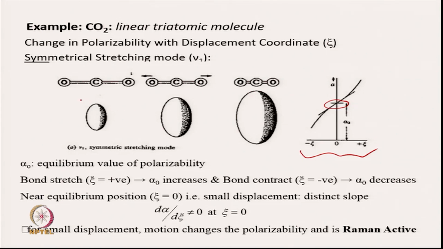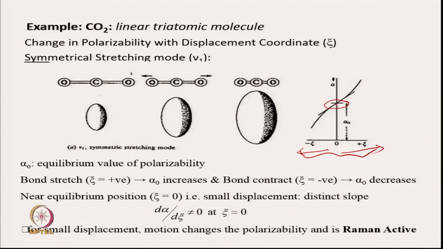When you stretch, you go towards plus E, where the ellipsoid volume is smaller and polarizability is higher, so polarizability is increasing. When you compress, you are looking at the negative side of extension, where the volume of the ellipsoid is larger, meaning polarizability is smaller, so polarizability is dropping with compression.